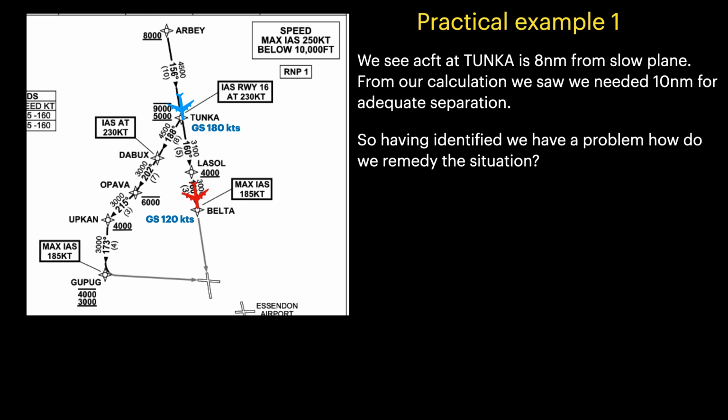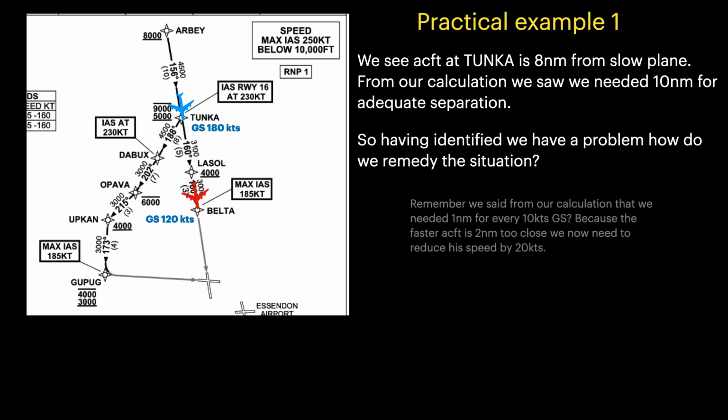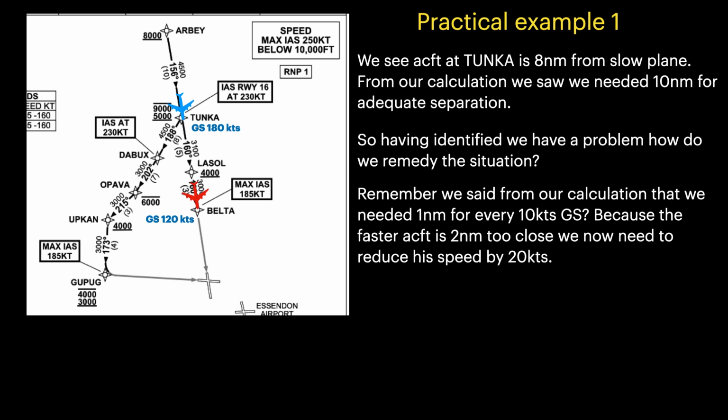In the few hours that I've done observing, I'm seeing some controllers pluck numbers out of the old proverbial, and I'm thinking, you don't have to slow them down that much. Remember from our calculation that we need 1 nautical mile for every 10 knots of ground speed.